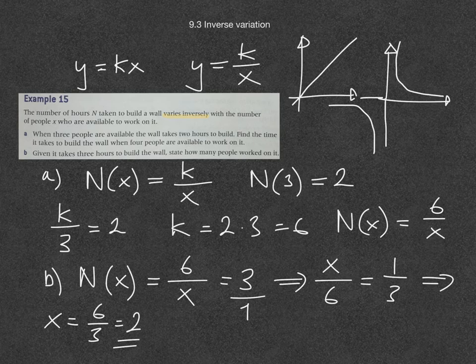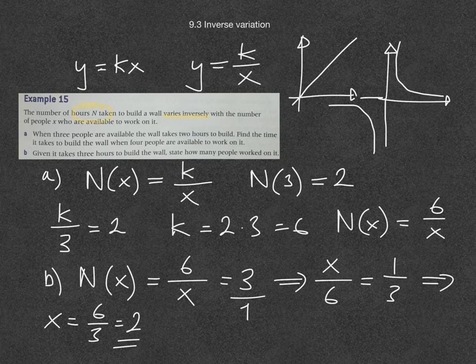Are we talking about variation with the variable directly, or do we have an exponent here? Is it the square or the cube of the variable? And the next bit is to identify the two variables y and x.